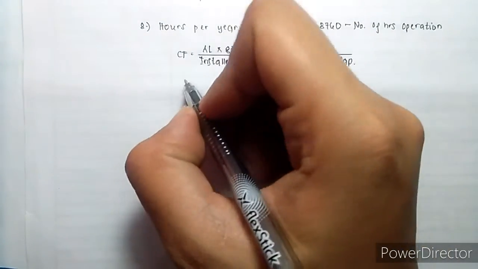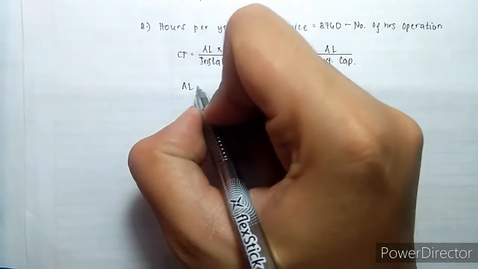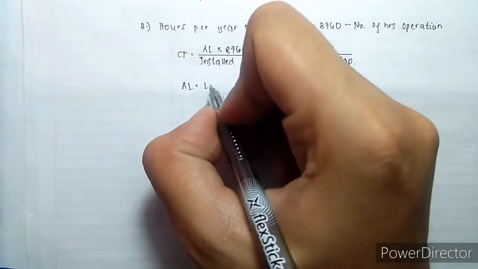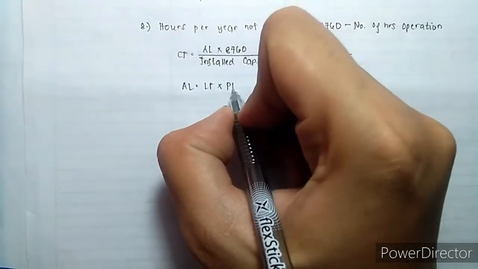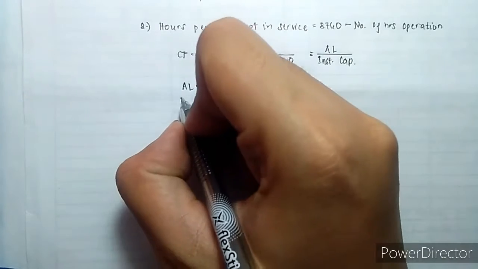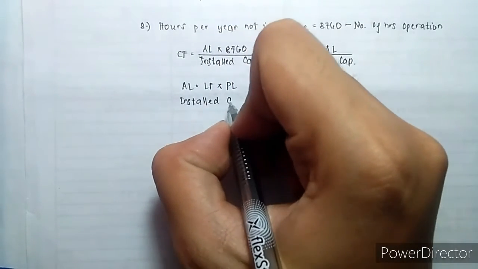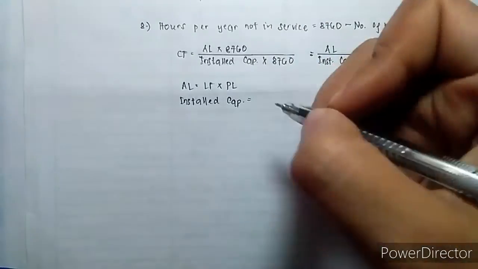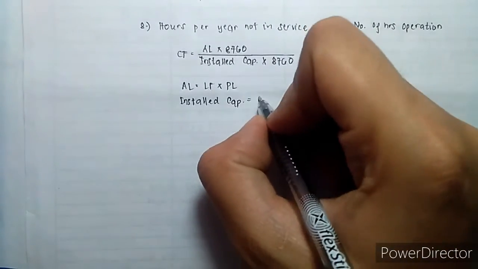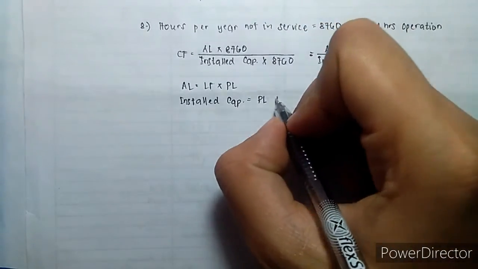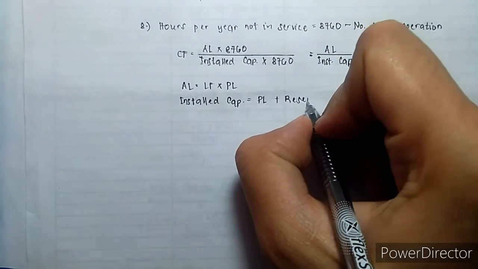The formula for the average load is equal to load factor times peak load, and the installed capacity is equal to peak load plus reserve.